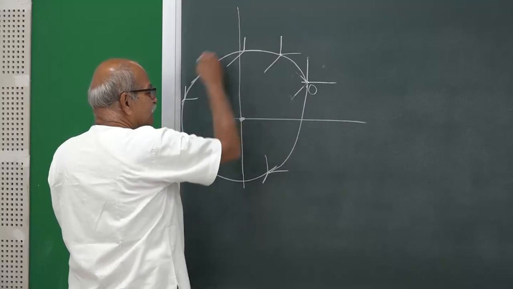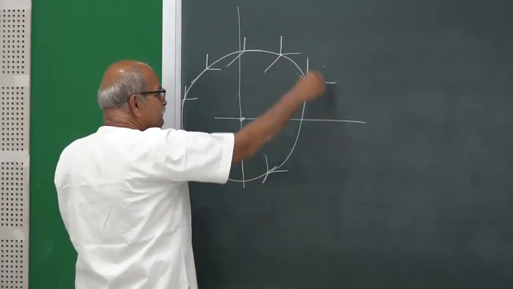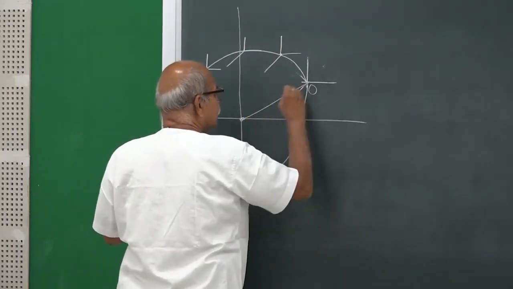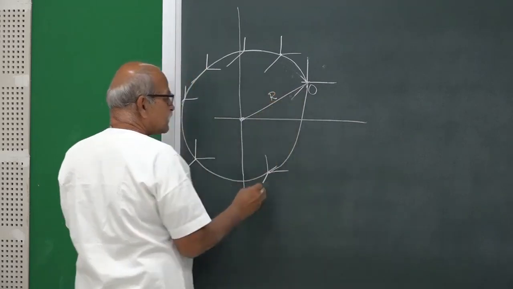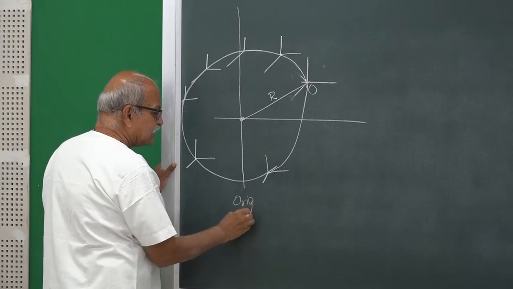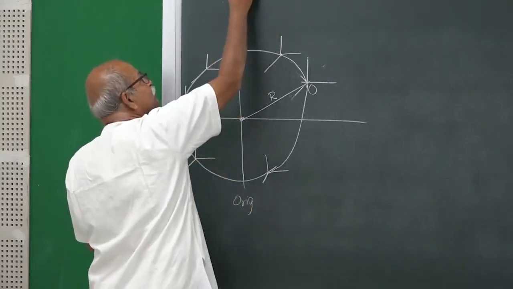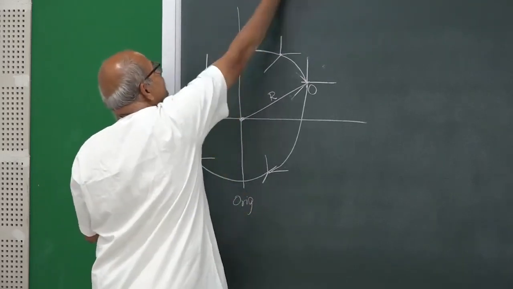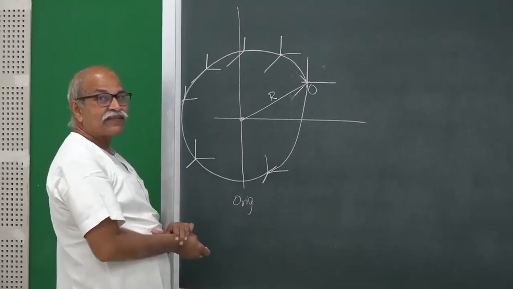If it is going with an angular velocity omega, and if this radius is r, and this origin is going, it is not a rotation, so I will not write that kind of symbol. This is not a rotational motion.